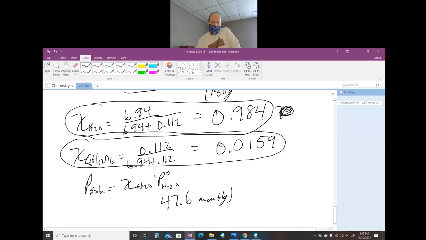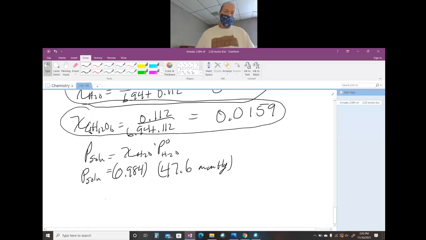We now know the mole fraction of water, 0.984. And now that's the pressure of our solution, which has to be lower than the pressure of water. There is a vapor pressure lowering, and so it is. So the pressure of this solution, when you push the buttons, is 46.8 millimeters of mercury.